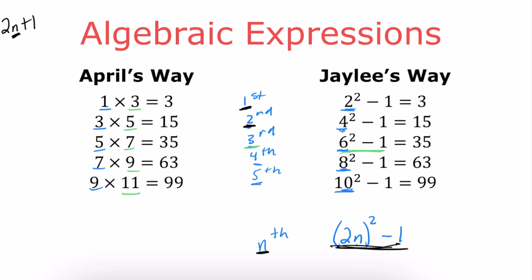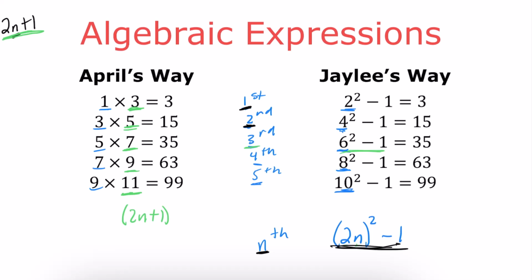If I plug in a 2, 2 times 2 is 4, plus 1 would give you 5. So it looks like this expression is representing these odd numbers right here. So I can write 2n plus 1 to represent that number in April's pattern for the nth term.